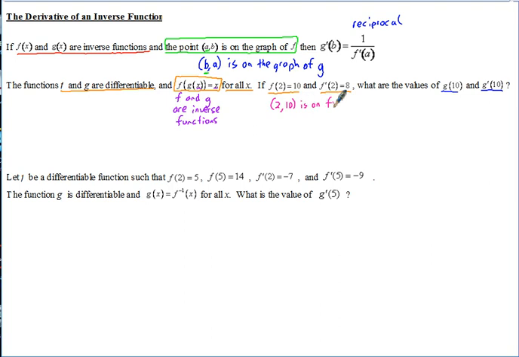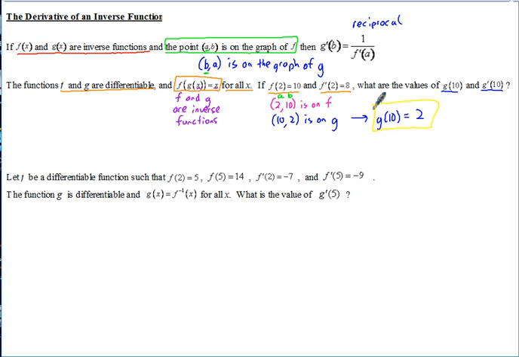And since it told us essentially that f and g are inverse functions, so that's like our a and b, then that means when we flip it around, (10, 2) is on its inverse, which is g. And if (10, 2) is on g, that means g of 10 equals 2, which is the first thing I asked for.